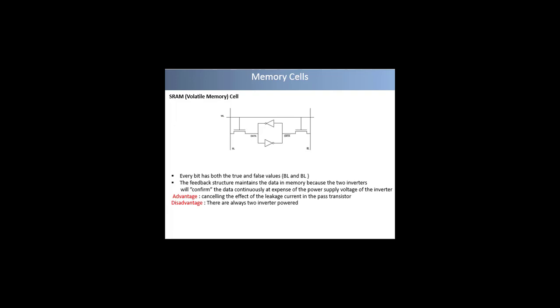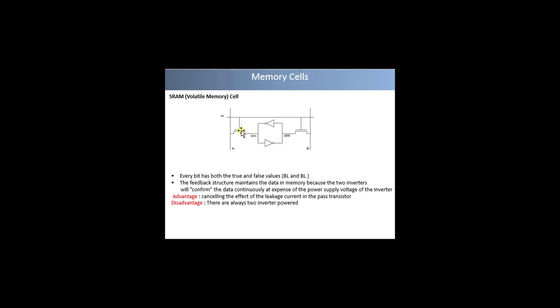Now let's talk about the static RAM. In a static RAM memory cell, the bit is stored with the help of a regenerative feedback mechanism which consists of a couple of pass transistors and two inverters arranged in the form of a ring.